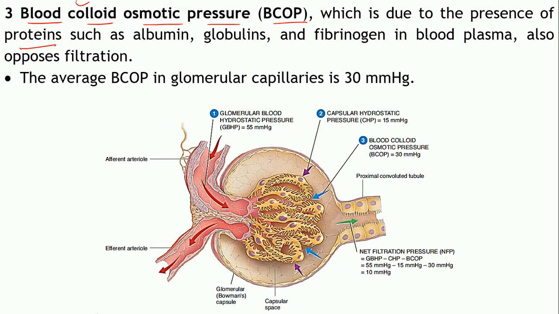So they will exert an osmotic pressure. Now what will happen? Due to the solutes which are present over here, it can pull on the solvent. Remember this particular process of osmosis.